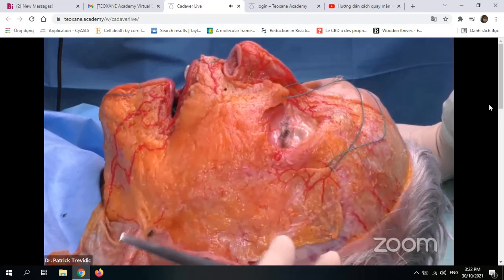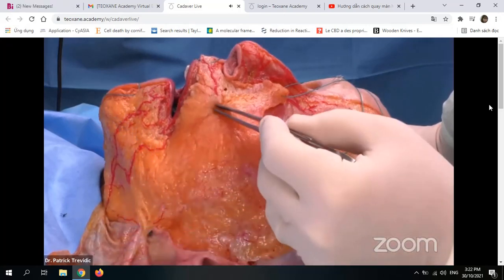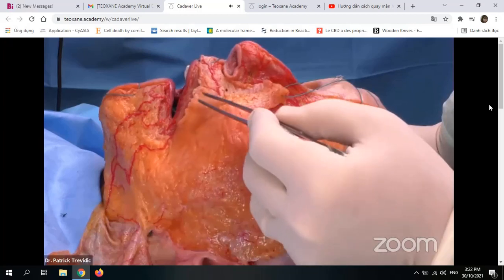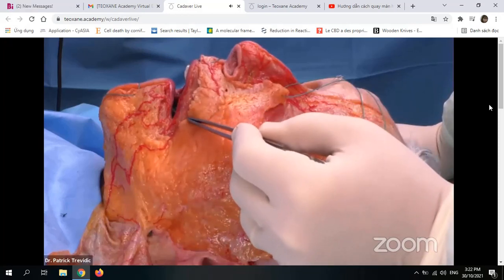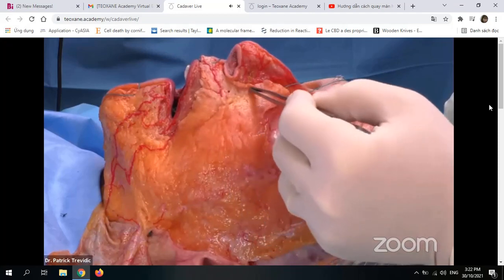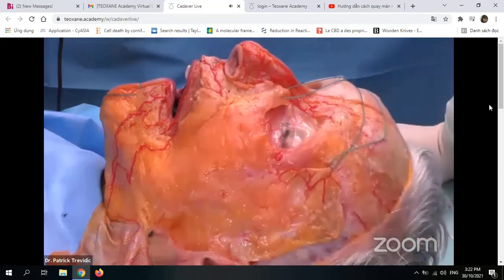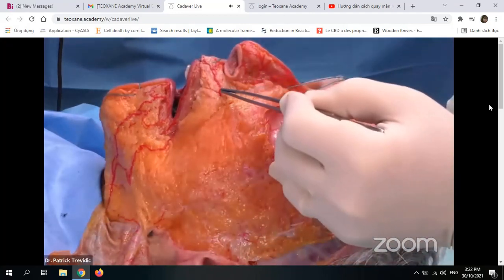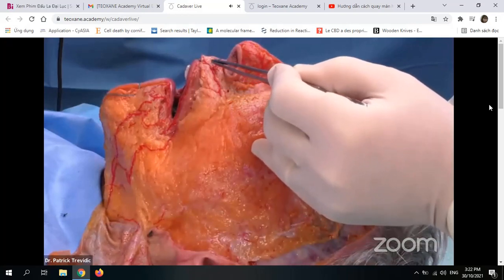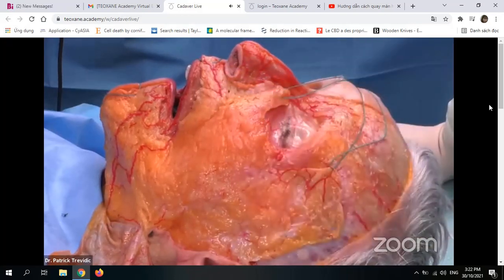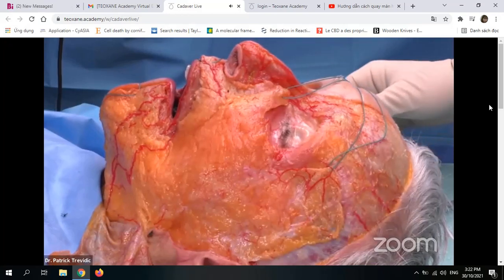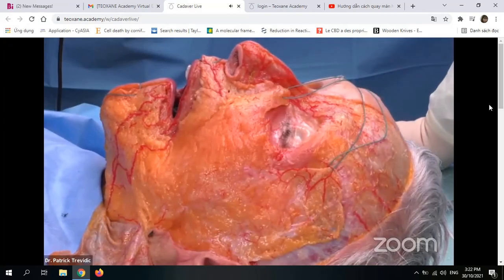And you have to understand also that you get some branch here that could be superficial. We will see just after, when we remove the superficial fat, some branch in the superficial fat of the lips, and the other area where you see superficial danger.